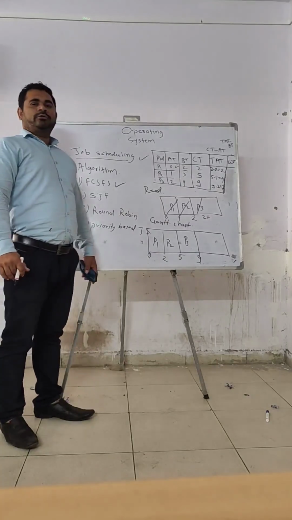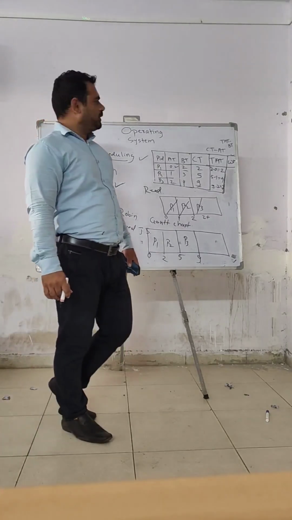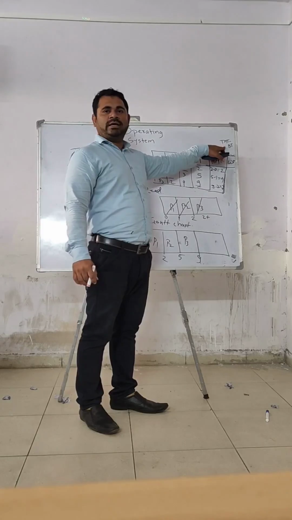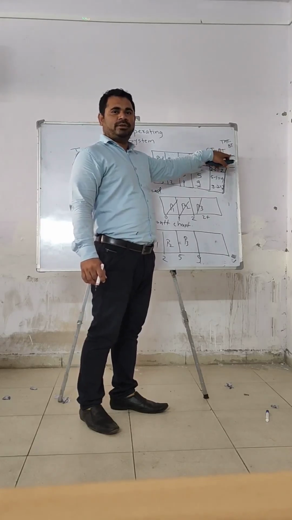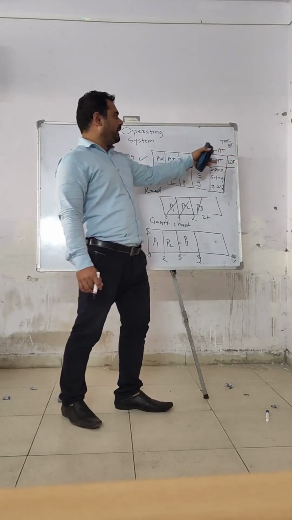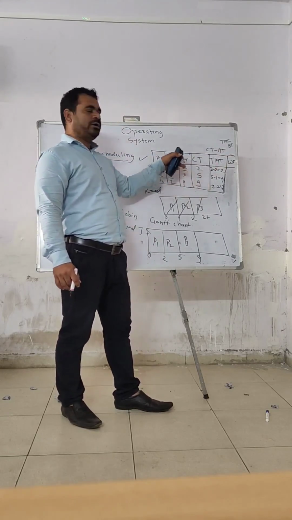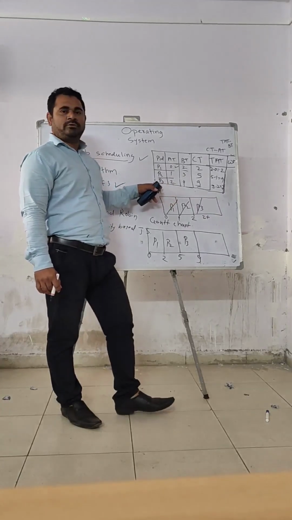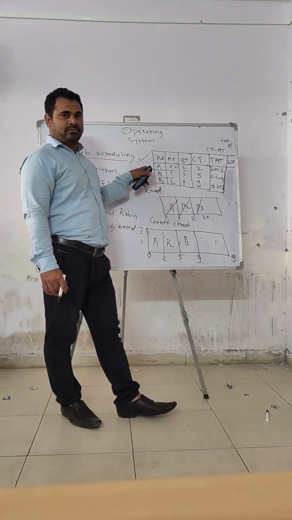Now we will calculate the waiting time. To calculate the waiting time, we have a formula: turnaround time minus burst time. We have already calculated the turnaround time and the burst time is given in this problem. First of all, we will calculate the waiting time of process P1.